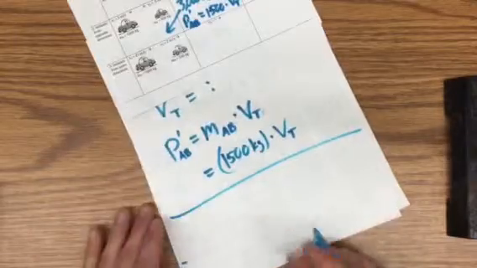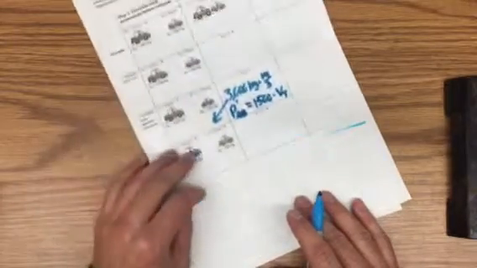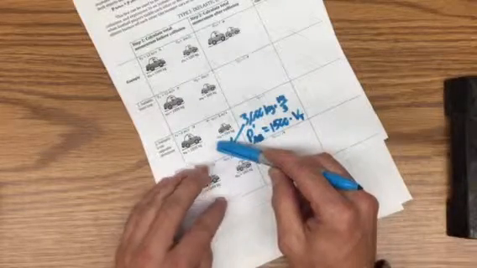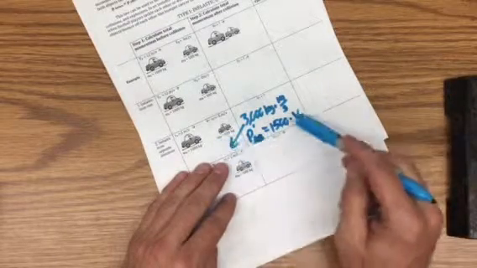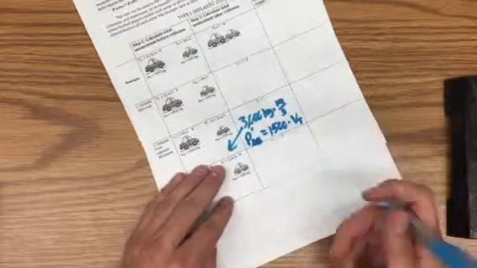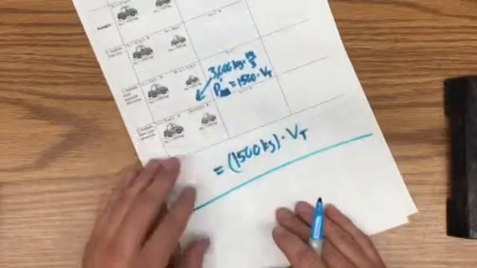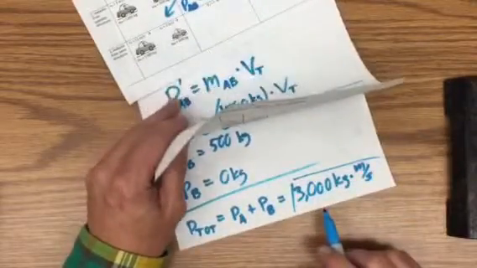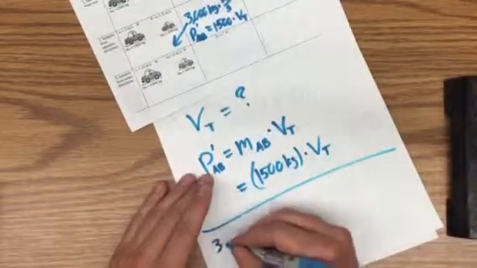Step 3 is easy. Take your total momentum from step 1 and set it equal to your total momentum from step 2, and then solve for the only thing you don't know. Our momentum in step 1 was 3,000 kilogram meters per second.